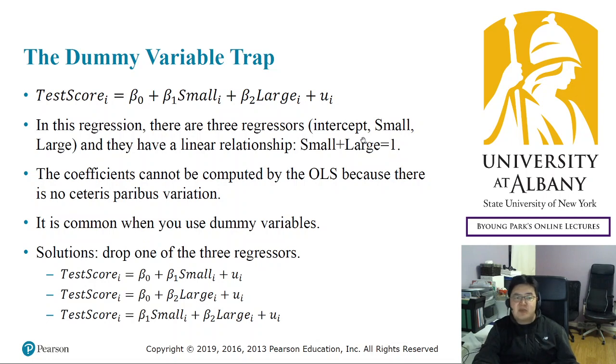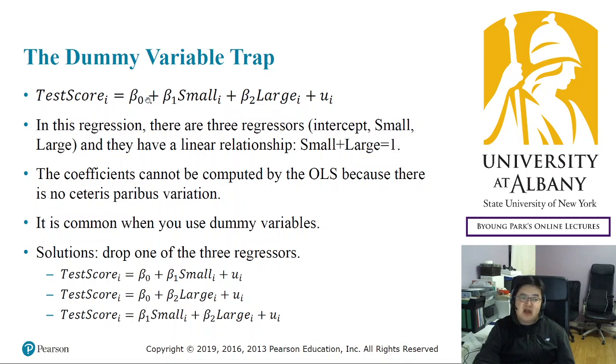In this case, what you have to understand is that you have to imagine the intercept as the third regressor. The intercept is a constant. So when you write the linear relationship, small plus large equals 1, this 1 is coming from the intercept.